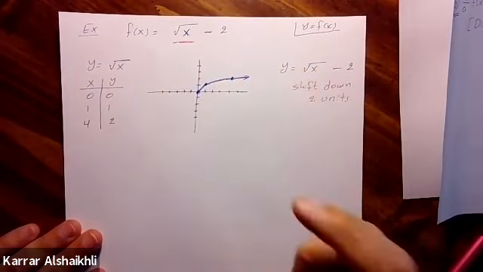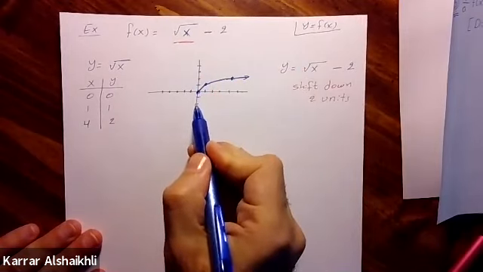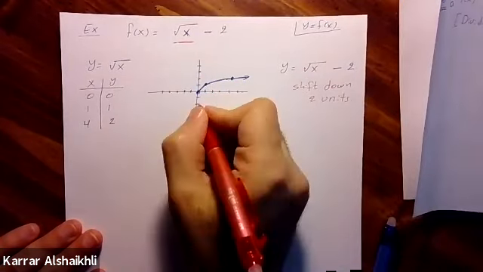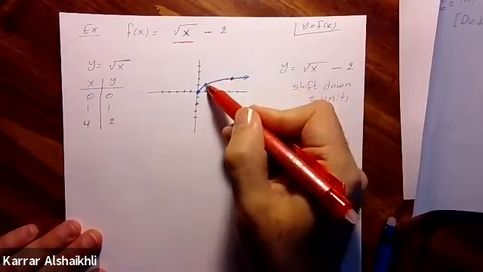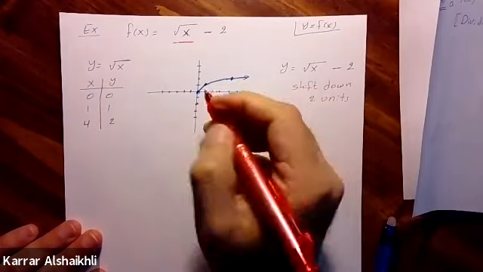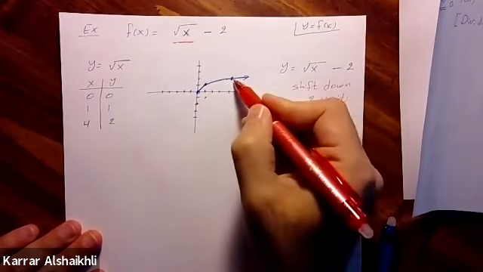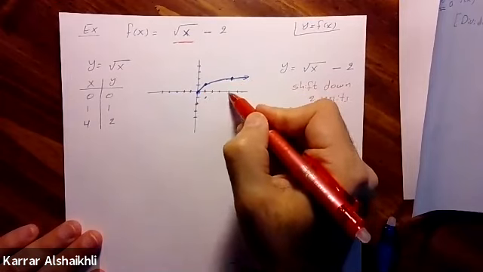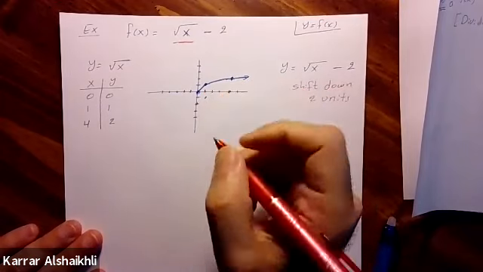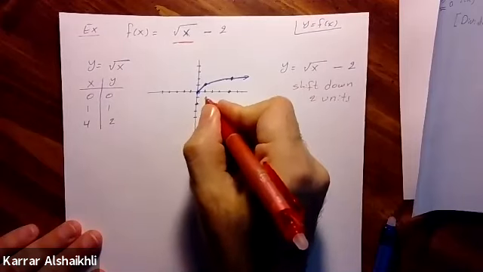Shift down each point here. So this one, 1, 2, is going to be here. This point is going to be here. This point is going to be here. So the new graph is going to be here.